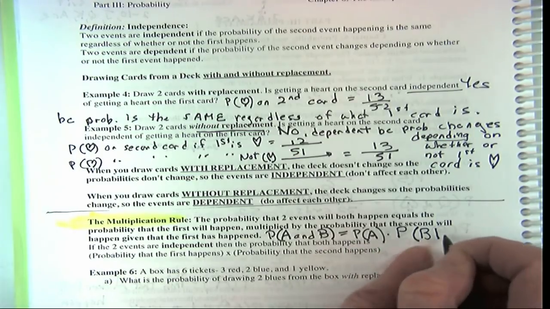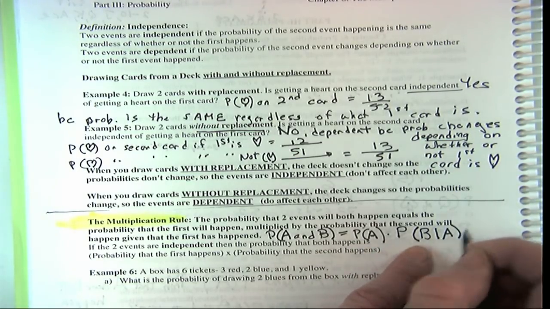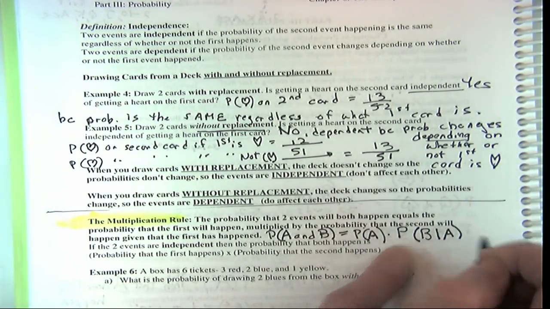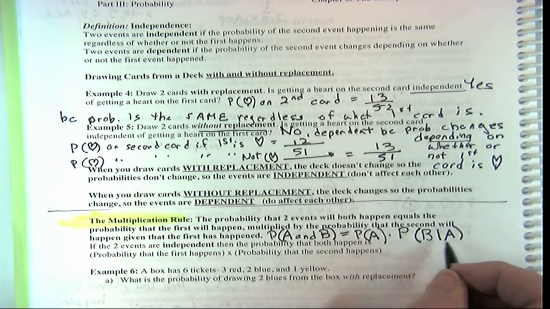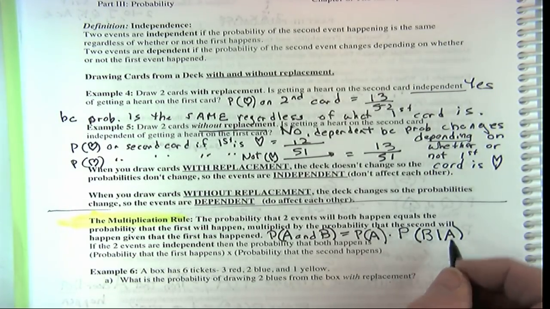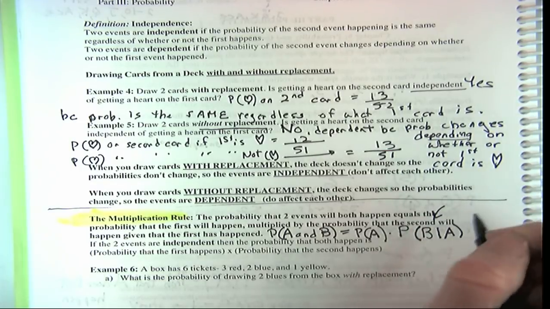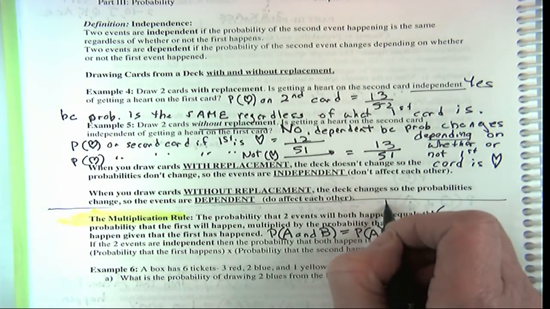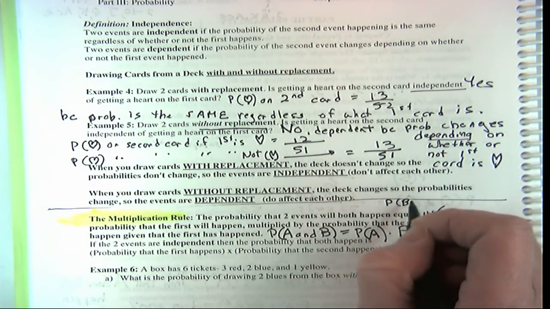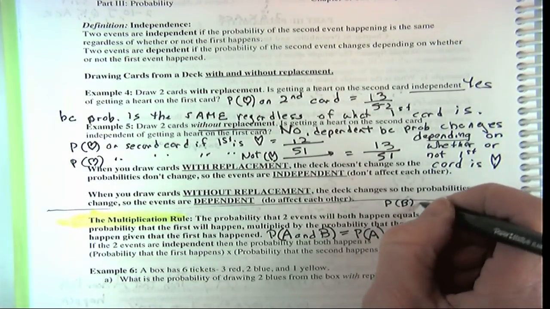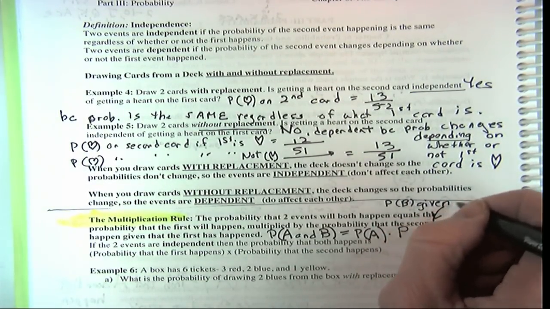You read that as probability of B given A. That line means given A has happened.